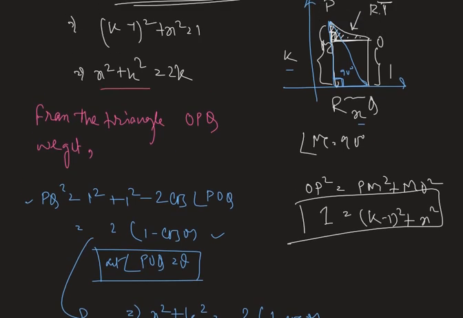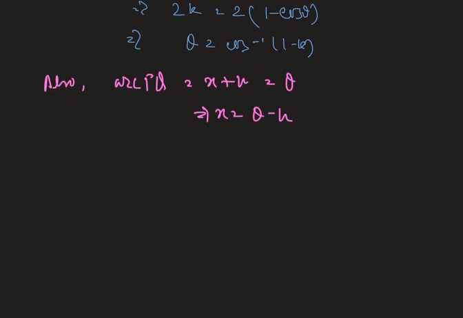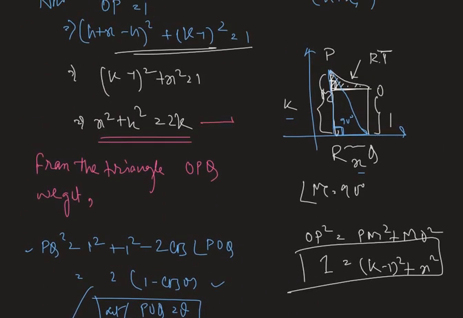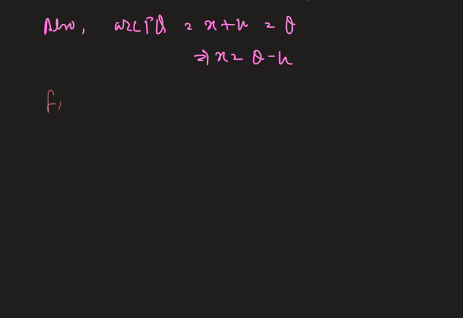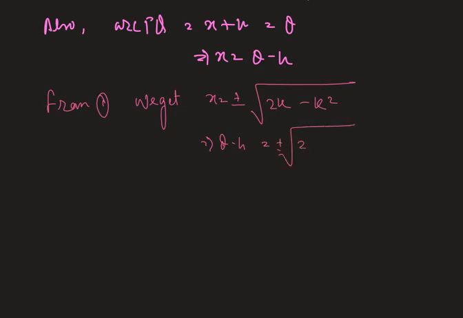Now from this equation, that is x square plus k square is equal to 2k, if we name it equation 1, therefore we can write that from 1 we get x is equal to plus minus root over 2k minus k square. Therefore, theta minus h is equal to plus minus root over 2k minus k square.